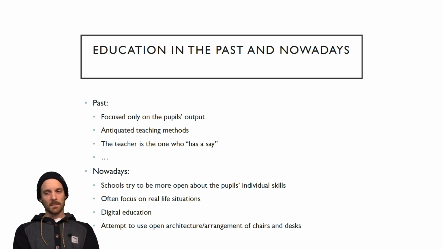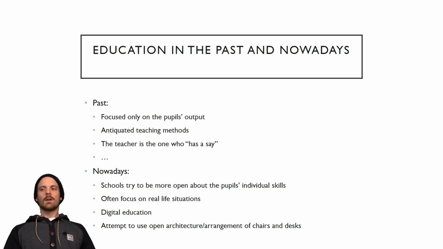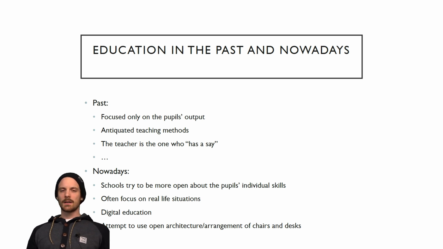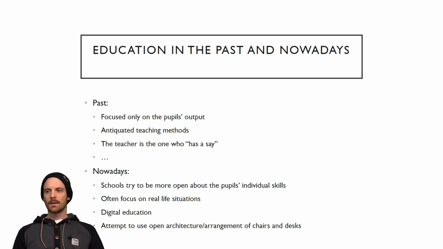What I've come up with was that past education was focused only on the pupils' output, so there wasn't that much going on that concerned how pupils learn differently or any other things.